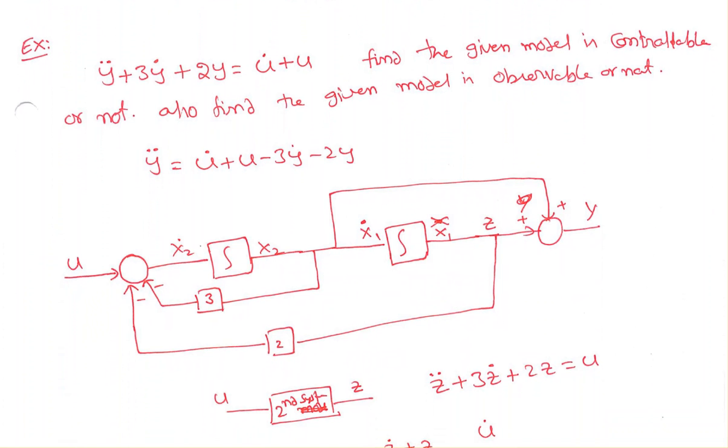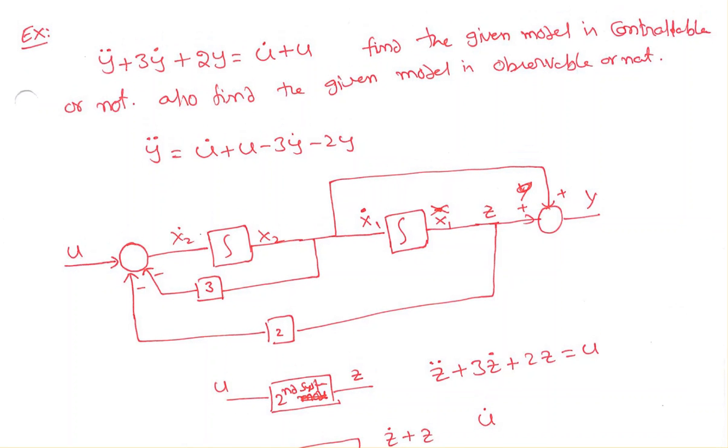Okay, here is the first example. I give you a mathematical equation. Find whether the given model is controllable or not, and also whether it is observable or not. The example is y double dot plus 3y dot plus 2y equal to u dot plus u.